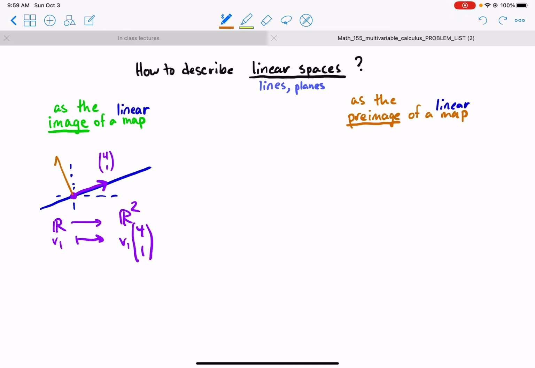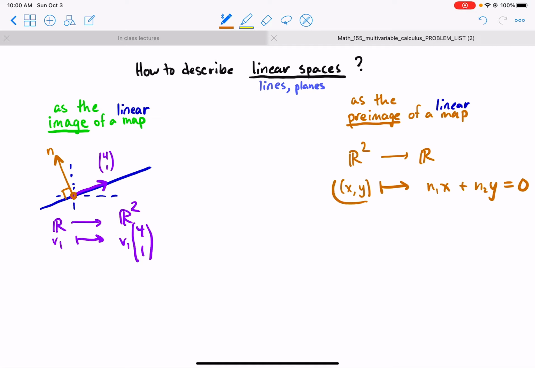We'd pick any normal vector to that line at 90 degrees, and we would say that we'd send R2 to R by taking a point of R2 and sending it to n dot that point. So what's the dot product? It would be n1 x plus n2 y equals 0. And because we have equals 0, we didn't shift the line, and so our line goes through the origin.